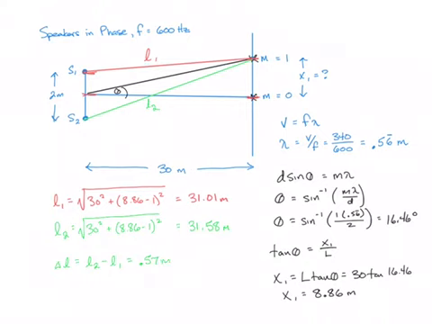So we have a path length difference of 0.57 meters, and we can see up here that we have a wavelength of about 0.57 meters. So our approximation using this equation of d sine theta equals m lambda has worked in this situation. And in most of the problems you see, it will work, and you won't have to go through and do all the work with the Pythagorean theorem to figure out the location.